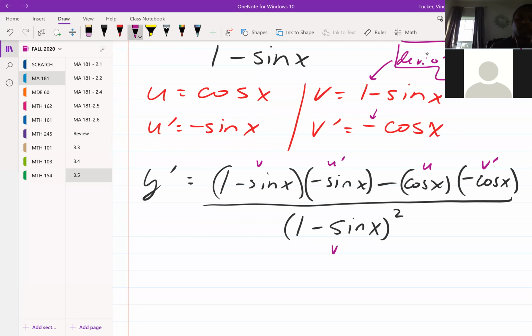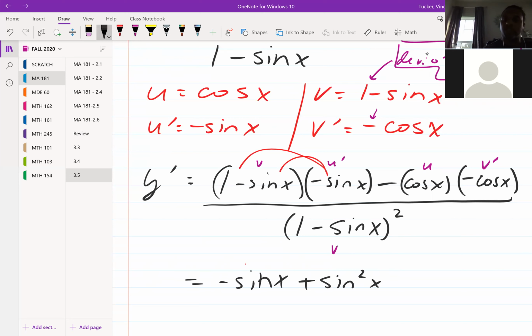All right, so let's simplify. I have negative sine x that I'm going to distribute. So that's negative sine x plus sine squared x, and that's plus cosine squared x.